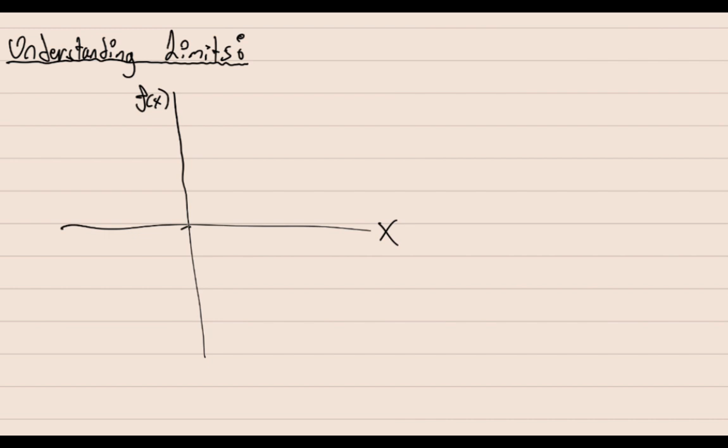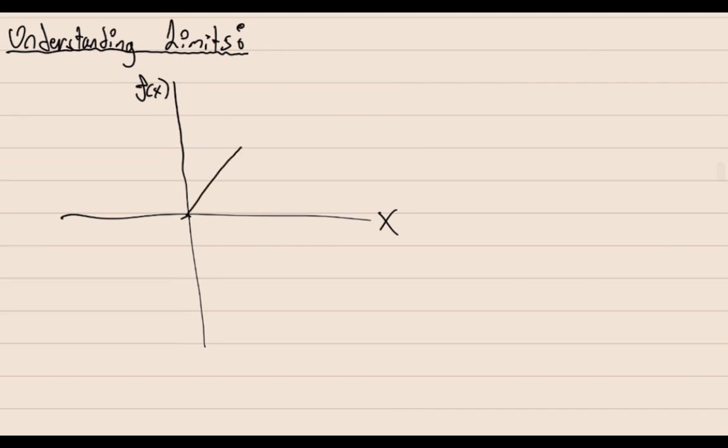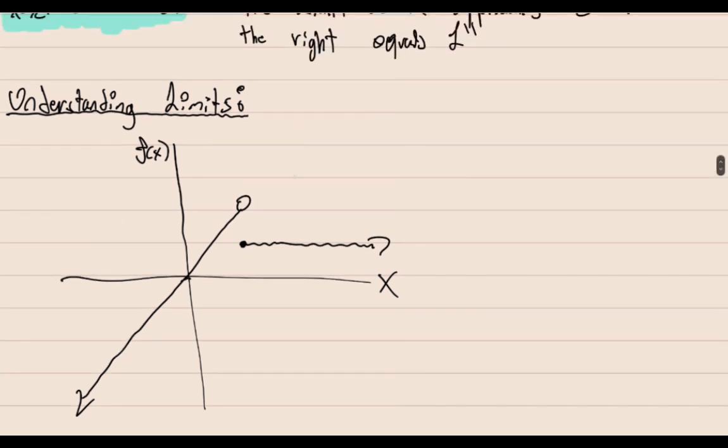Let's take a look at this function. Open, closed. Okay, so this is a piecewise function. This is f of x is equal to, and let's say this is x, this is 1, this is 2.